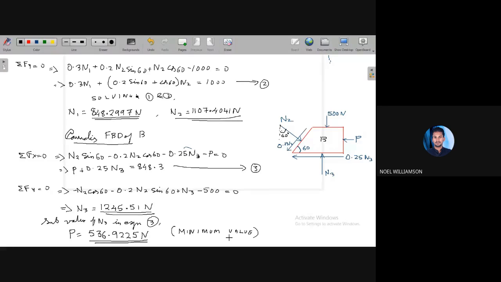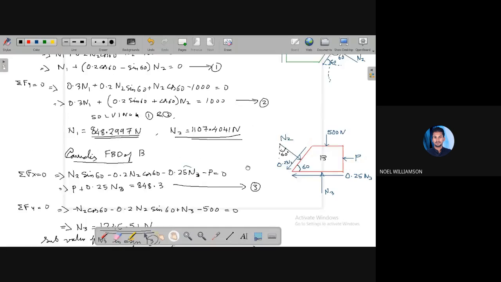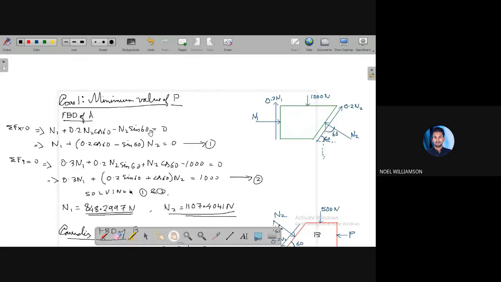So I think we can move on. Right, so now we found the first part, that is the minimum value of P. For minimum value, the direction of A is towards the downward direction and B is towards the right.